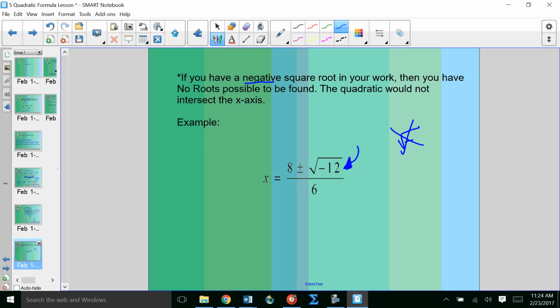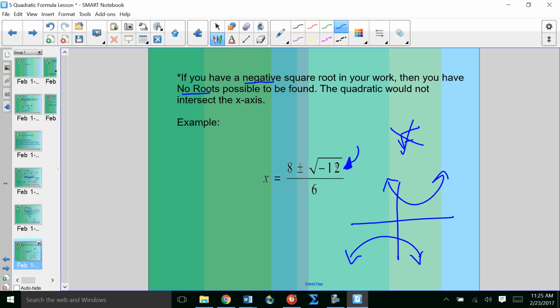That's technically imaginary. So if that occurs, then this is an example of a parabola that has no possible roots that can be found. So I don't want you to confuse this with it not being able to be graphed. All this represents is a parabola that never hits the x-axis, and that can look a lot of different ways. It just means that your graph never crosses the x-axis.